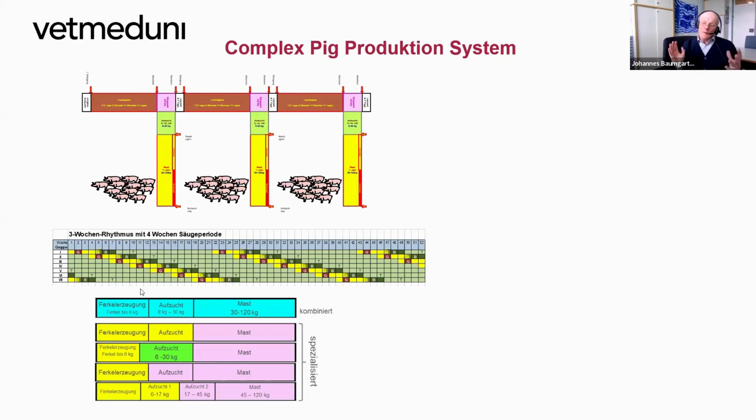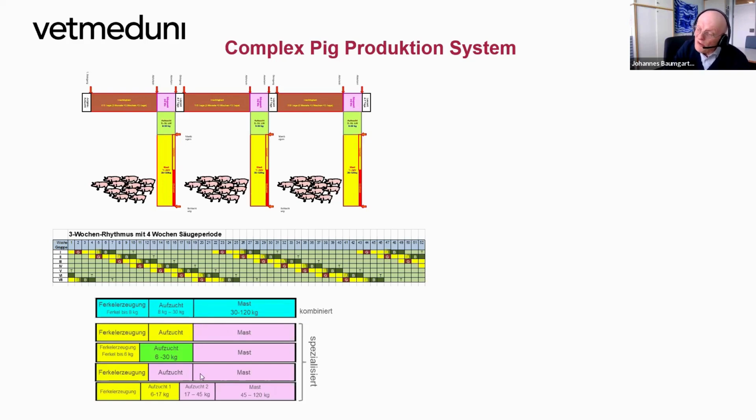And then you have farms that are organized in the way that they are combined. They have sows, they produce piglets, and they do the fattening to the end, combined farms. So piglet production, grower unit, so weaning and growing the animals, and fattening them.